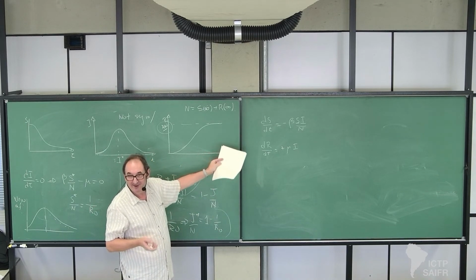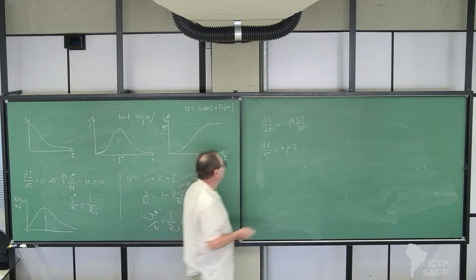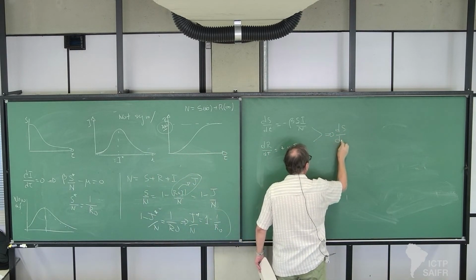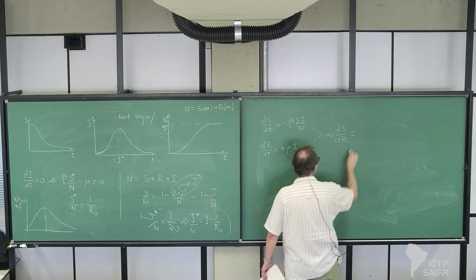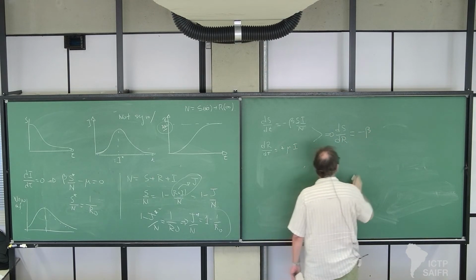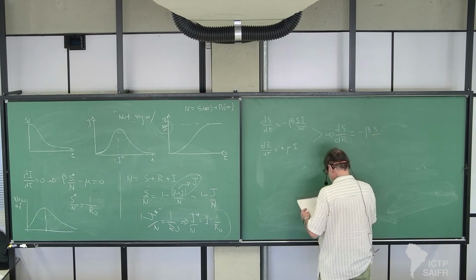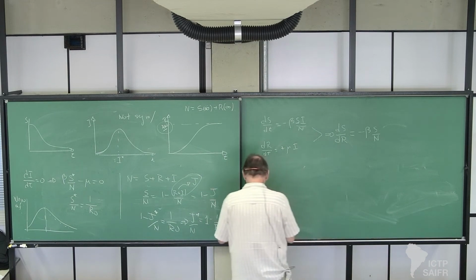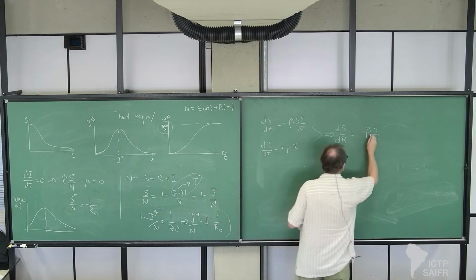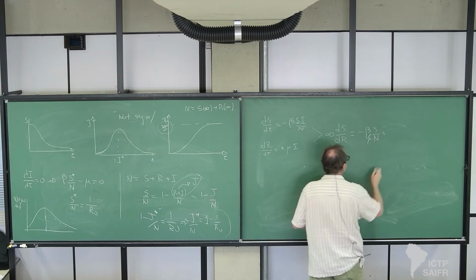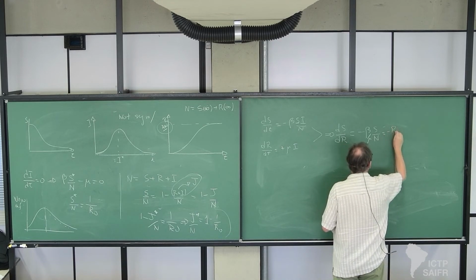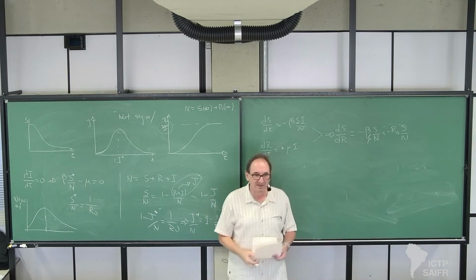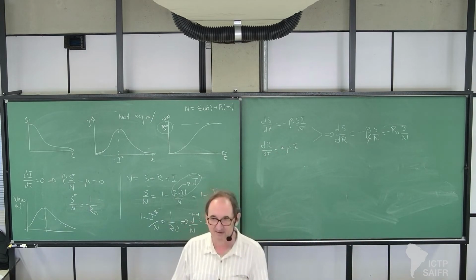So this implies dS/dR is equal to minus beta S over N divided by mu, which happens to be minus R0 S over N. It's a linear equation for S in terms of R.